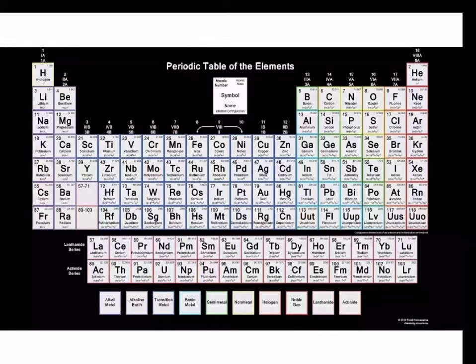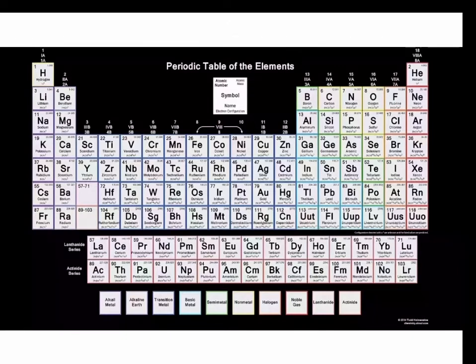So this is our periodic table of the elements. So the salient or structural features of the table is, the long form of periodic table consists of 3 portions.